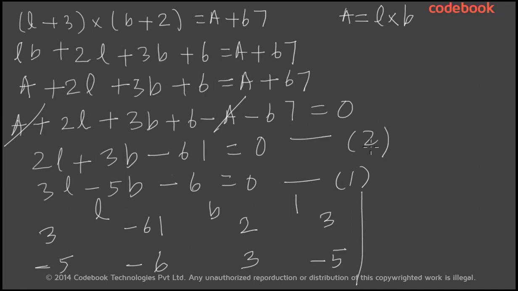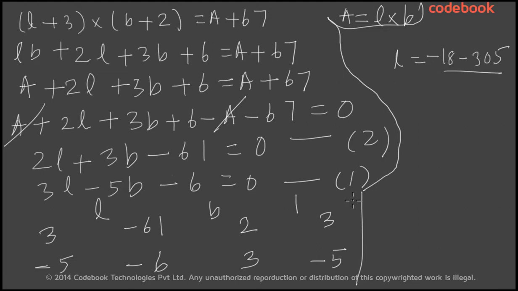So based on the formula, if you remember, L equals B1 C2 minus B2 C1. So multiplying these two, we have minus 18 minus of minus 61 times minus 5, which is plus 305, so minus 305, divided by A1 B2 minus A2 B1. So 2 times minus 5 is minus 10, minus of 9.